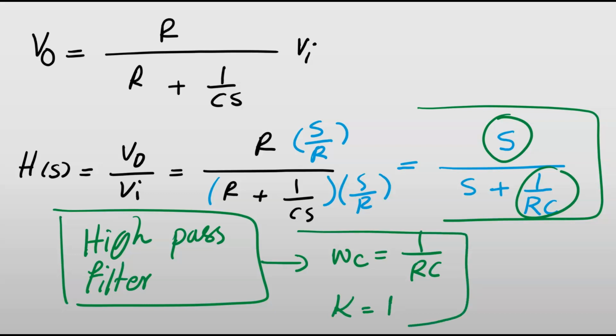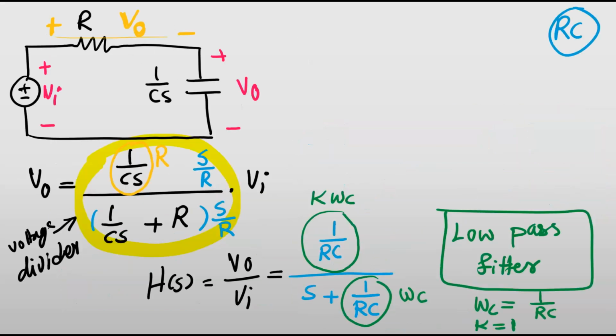and k, which is the gain of S in the numerator, is equal to 1. So my main conclusion here is that with an RC circuit, you can create either a low-pass filter or a high-pass filter. It depends on which component you are looking at, whether the voltage of the capacitor or the voltage of the resistor. In both cases, for both low-pass and high-pass filter, the cutoff frequency is fixed.